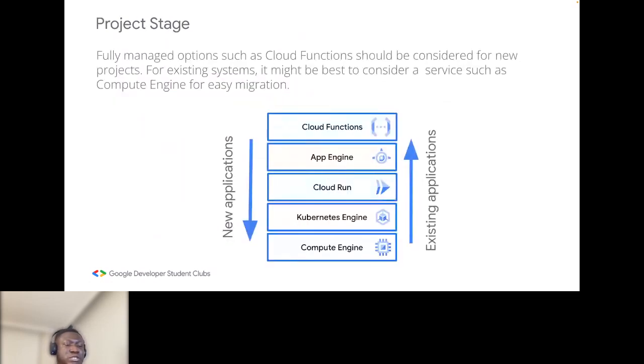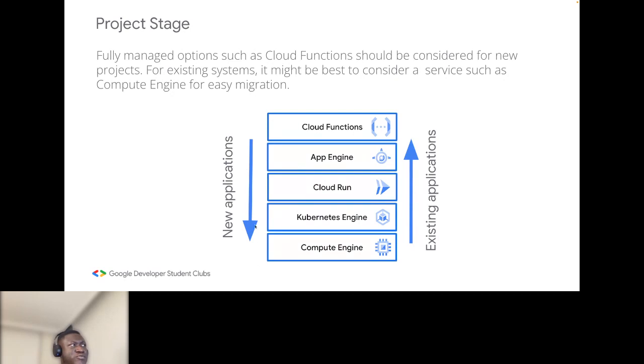At what stage is your app? Is it a new application? Is it at the ideation stage, or is it an existing application? When you're dealing with new applications, you want to start from the top to the bottom.